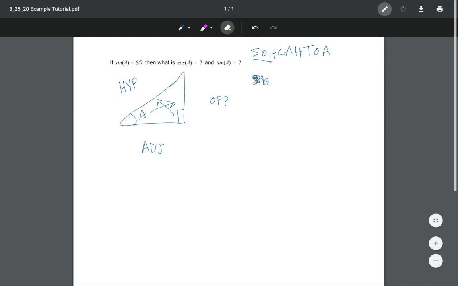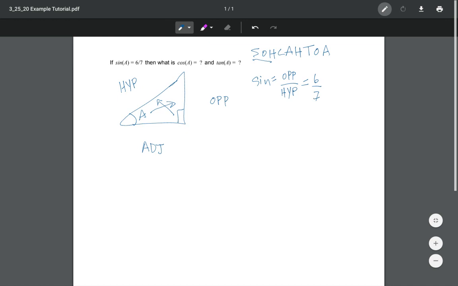Let me try that again. Sine equals your opposite over your hypotenuse. Okay. And they gave that to us in this instance as 6 over 7.